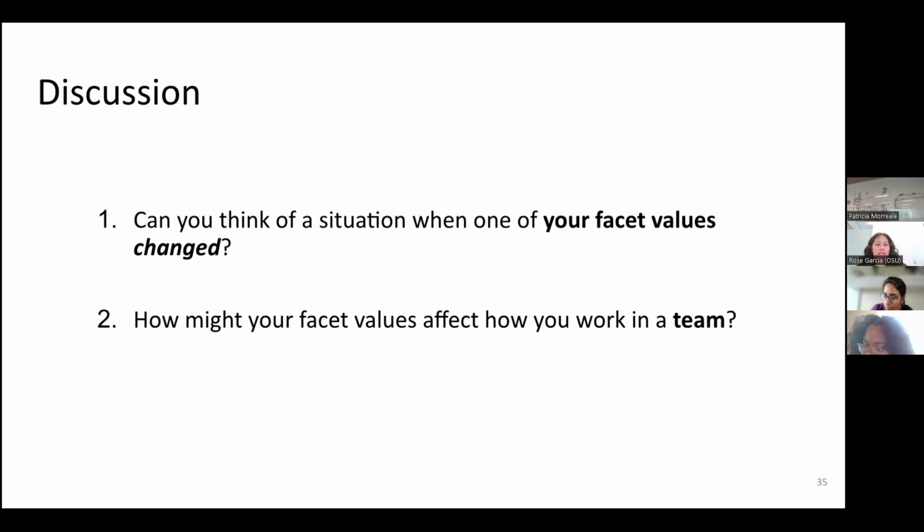So the scenario that Alec had for us in this activity was preparing Canvas-based lectures for a course. But does anyone have any other scenarios where the facet values that you put for this scenario might change in any kind of way? Any thoughts on that?